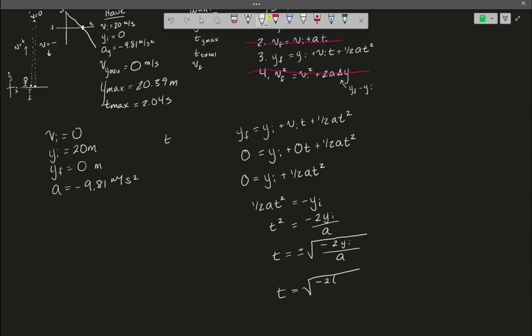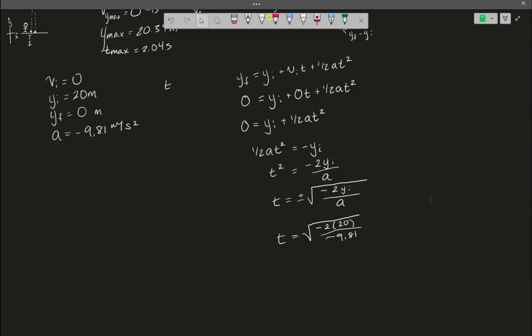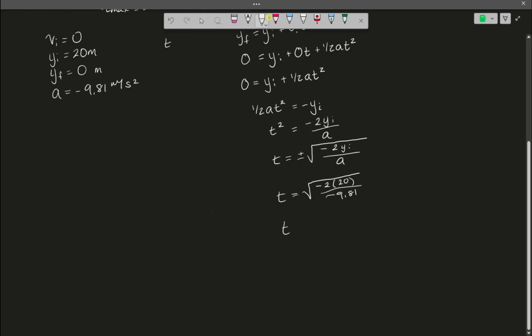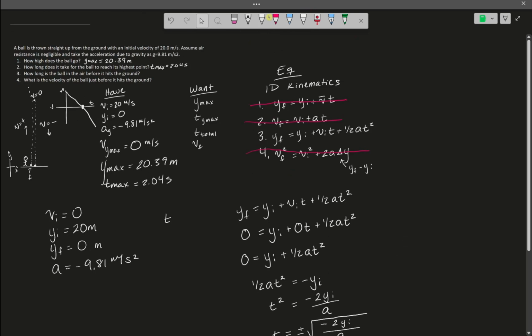So I'm going to go ahead and plug in my numbers, and I will get that the time it takes for the second half of the motion, the time it takes for the ball to fall to the ground, is going to be 2.02 seconds. But it asks us how long the ball is in the air before it hits the ground.